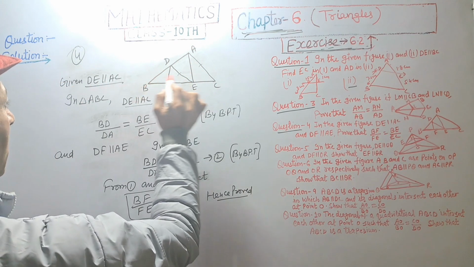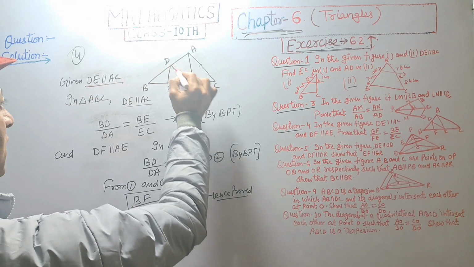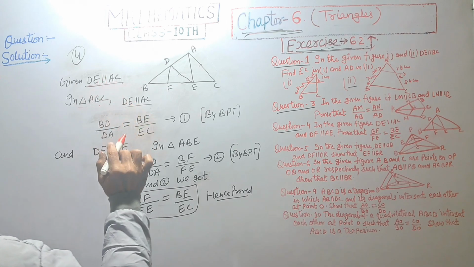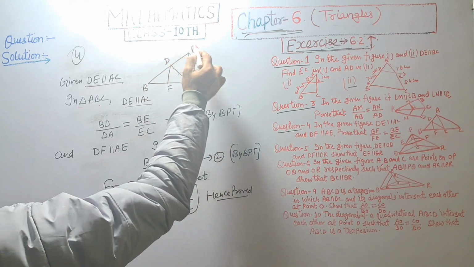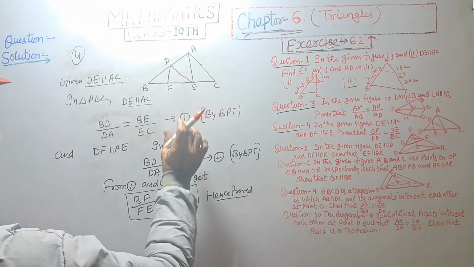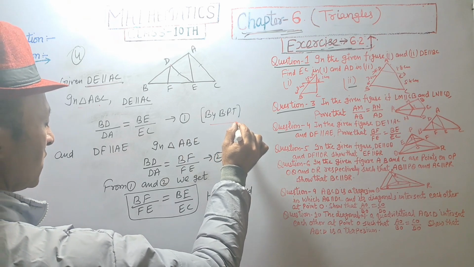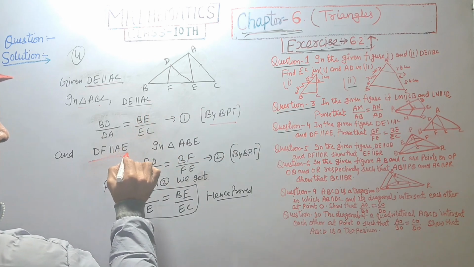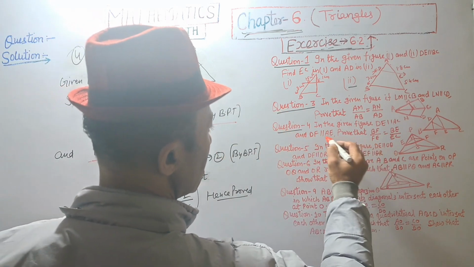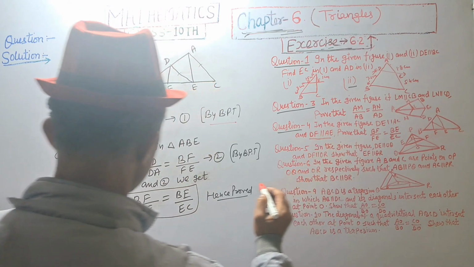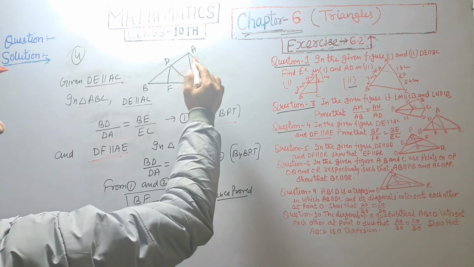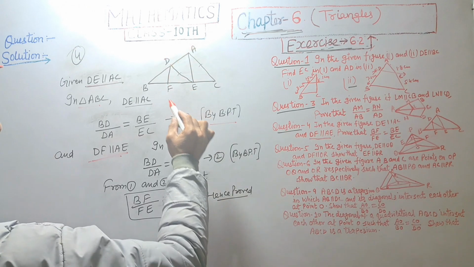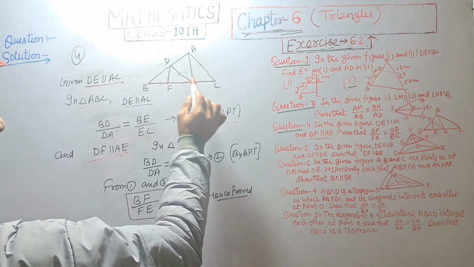In triangle ABC, DE is parallel to AC. Then BD upon DA is equal to BE upon EC by basic proportionality theorem, equation first. And similarly, given DF is parallel to AE, then in triangle ABE, BD upon DA is equal to BF upon FE.